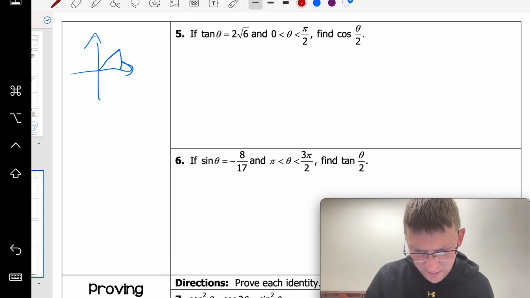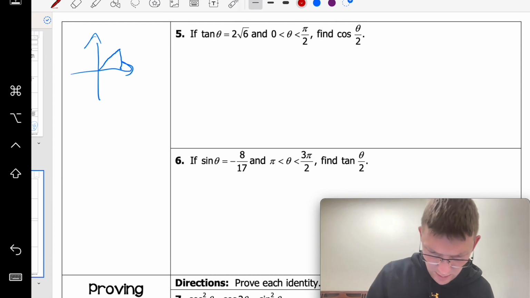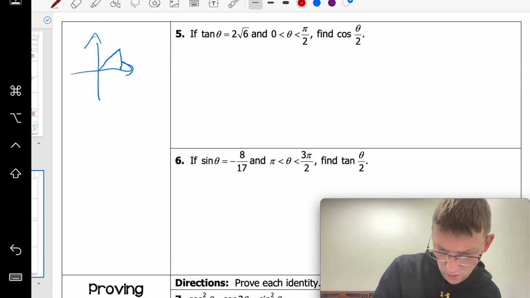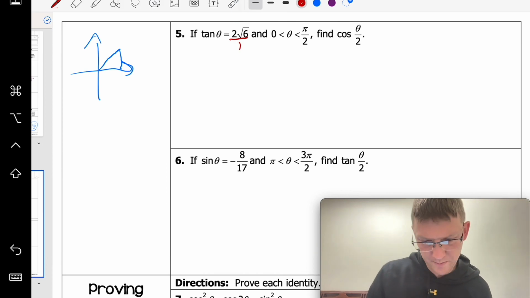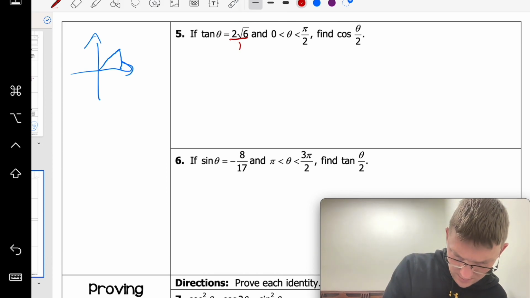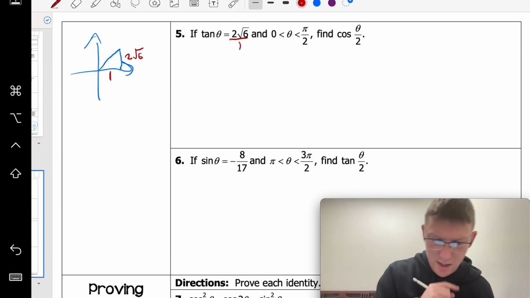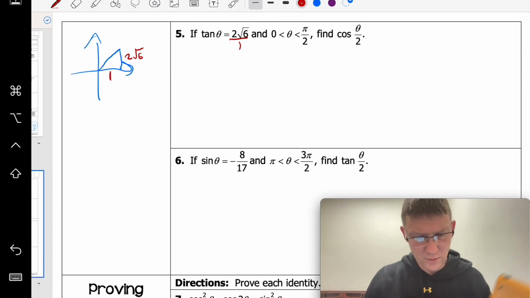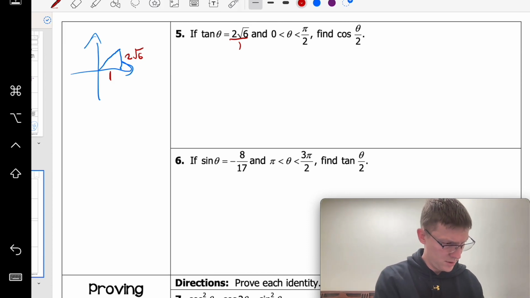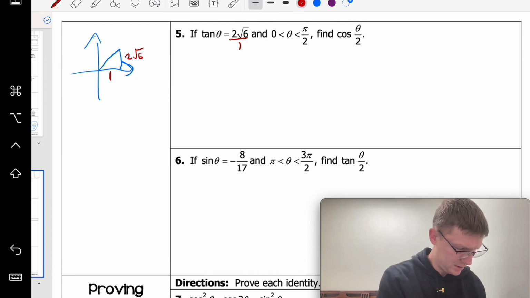So it says tangent of theta equals 2 square root of 6. And I could say that's over 1. Sure, why not? So that's going to be opposite 2 square root of 6 over adjacent 1. And I need the hypotenuse. So I'm going to do (2 square root of 6) squared plus 1 squared.